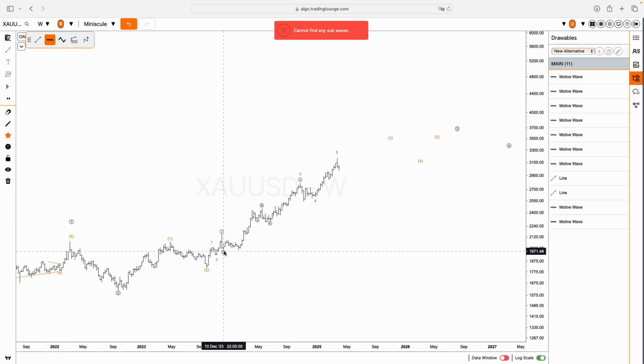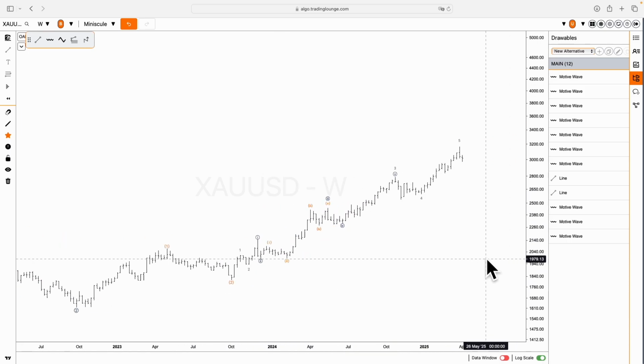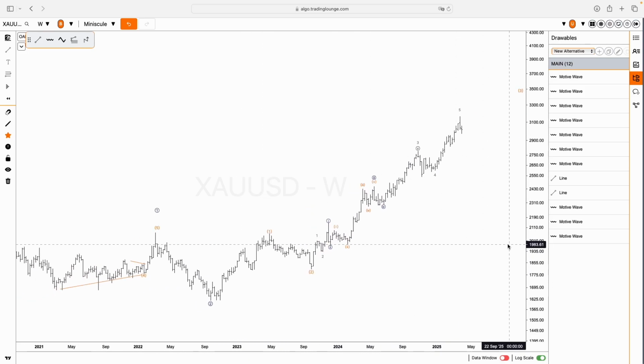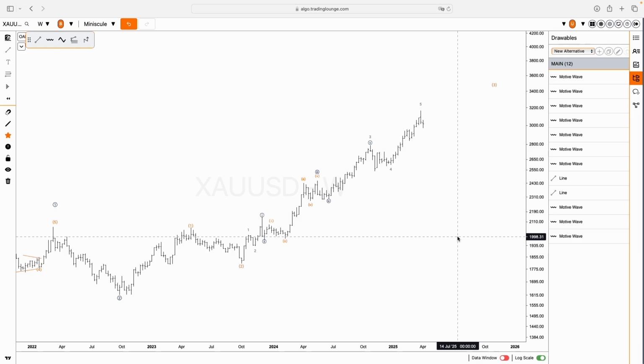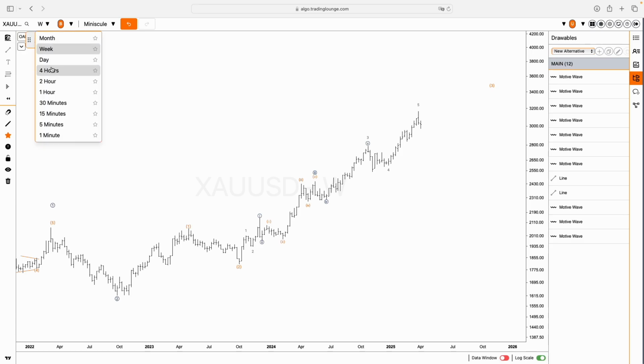Now, as you can see, it automatically moves 1 degree lower. That's a very nice feature. And another very cool feature is you see how the labels themselves in terms of size are nice, not like TradingView where they're just gigantic. So that's one way to look at it. Probably we should go into the daily now.